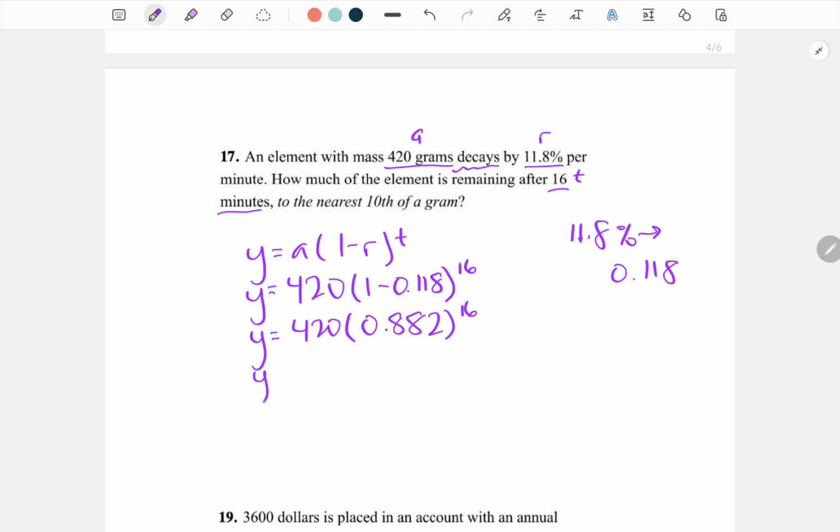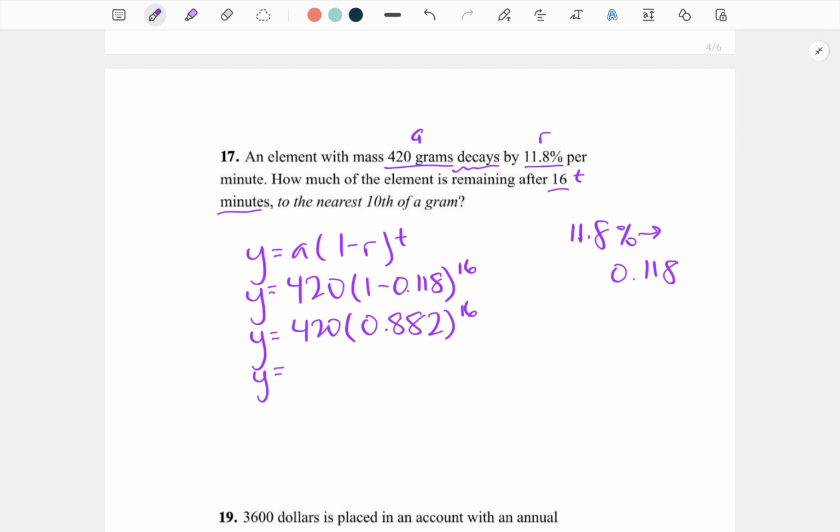So I'm going to just set this up, y equals. Now in my calculator, you guys can't see me, but just follow along here. In your calculator, you're going to put in 0.882 to the 16th power. That gives you a long number. It's going to be 0.134121117. It's going to keep going.